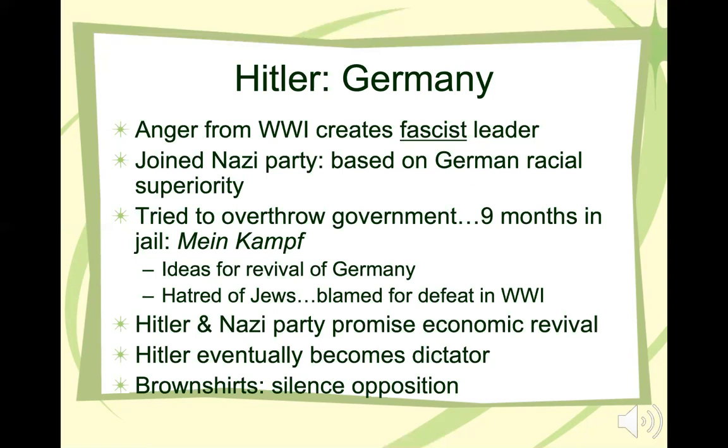While Hitler's in jail, he writes Mein Kampf, which means "my struggle." In that is where he starts to share his ideas of how to revive Germany, how to bring Germany back into power again, and how to fix the economy of Germany as well.